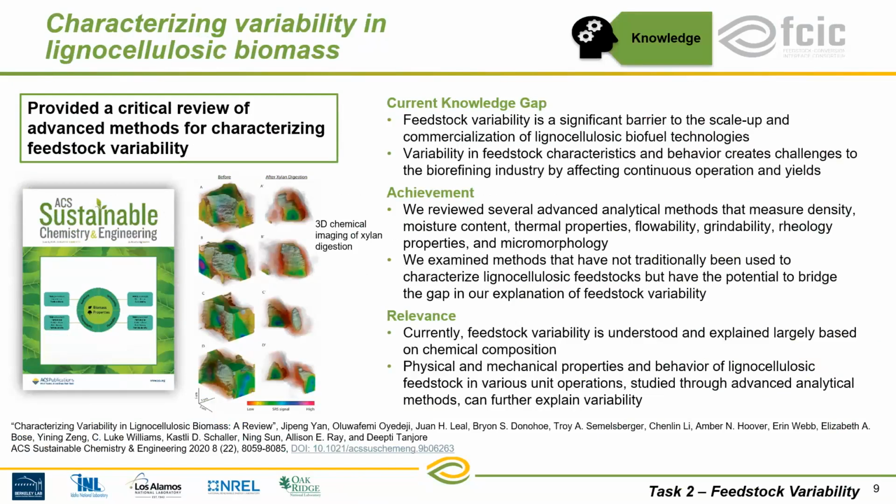As I said earlier, typically the variability has been looked at in terms of ash, moisture, particle size, composition, but biomass, we all know, is more complex than that. We also need to start looking at the physical and mechanical properties that give rise to the handling issues. So this work surveyed advanced characterization methods that could help improve our knowledge of the chemical, physical, and mechanical properties. It's an excellent resource or starting point, if you will, for stakeholders working on this topic.